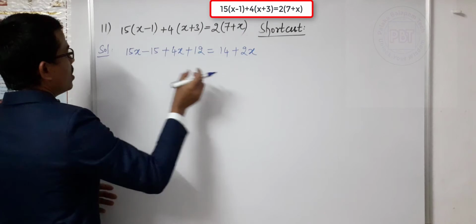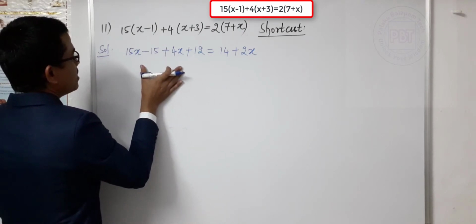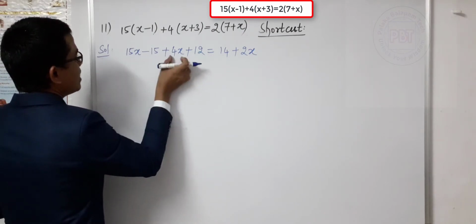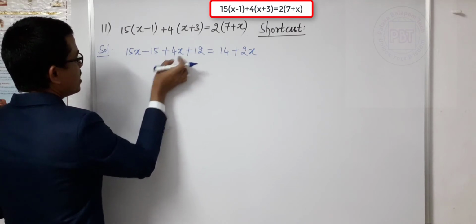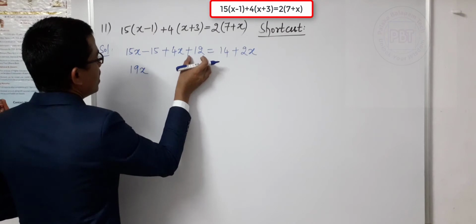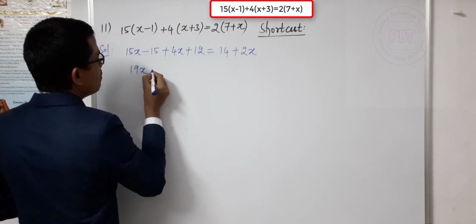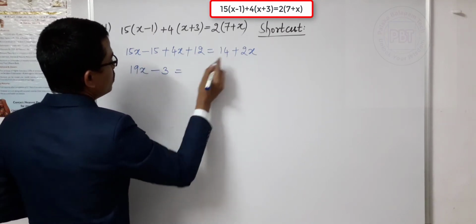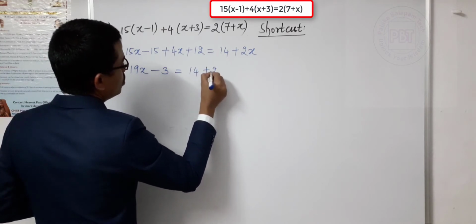Now if you observe here, in the left hand side there are like terms 15x and 4x. 15x plus 4x is 19x, and minus 15 plus 12 is minus 3, that equal to 14 plus 2x.